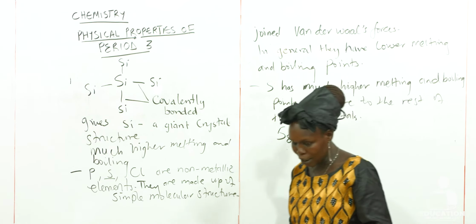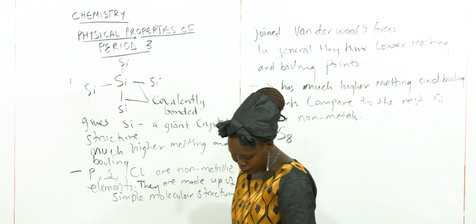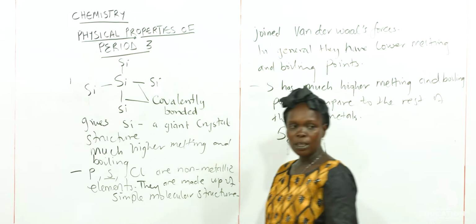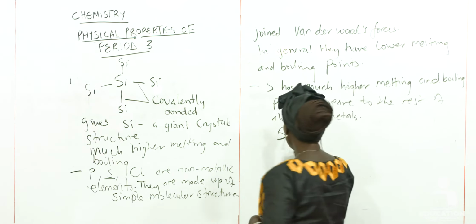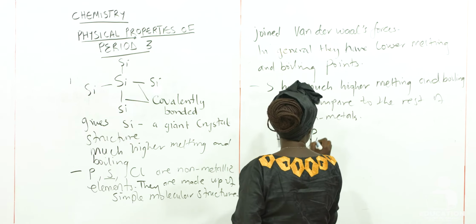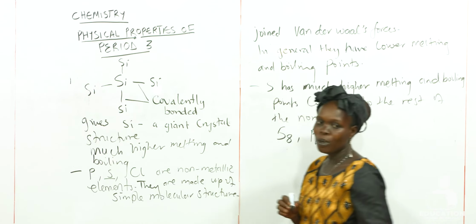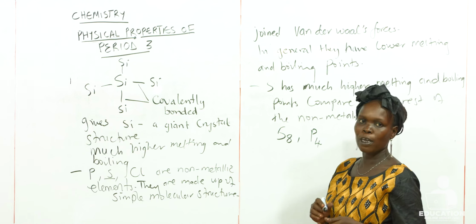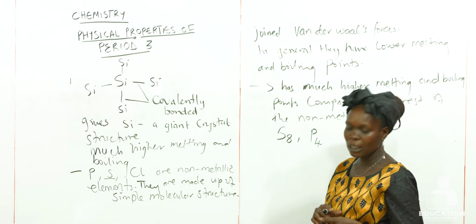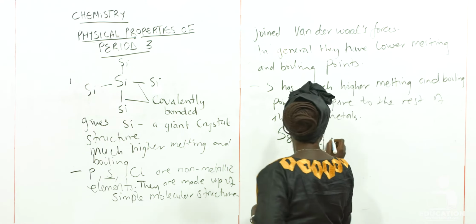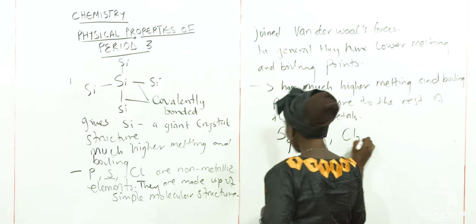Sulfur is followed by phosphorus, with 4 atoms of phosphorus bonded together to form a discrete structure, then followed by chlorine.